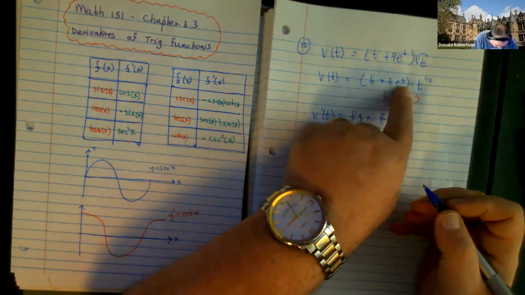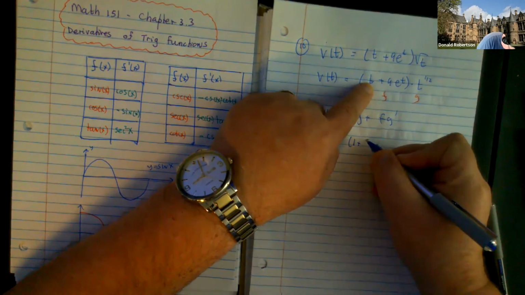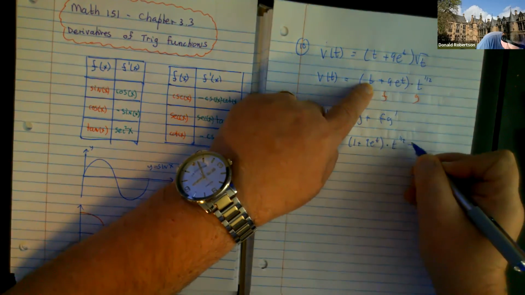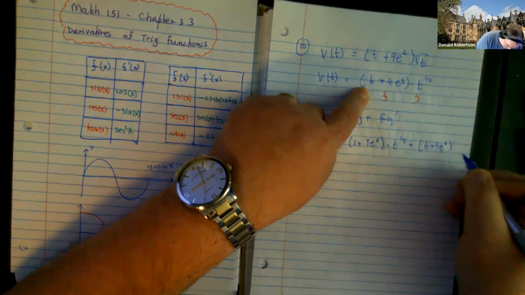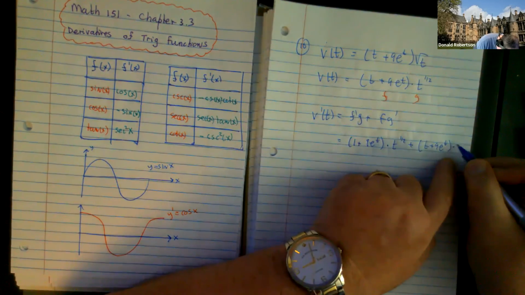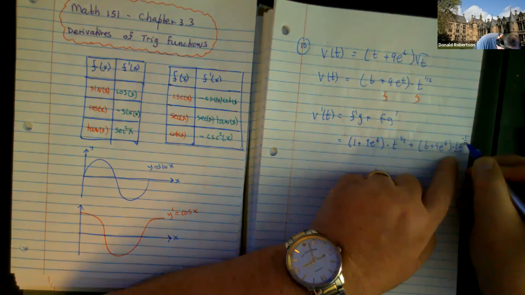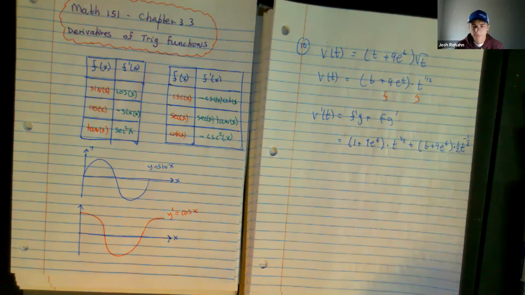Now, if you differentiate this guy, you'll get 1 plus 9e to the t. And then you leave the second one alone. Then you leave the first thing alone and you differentiate that guy, and you'll get 1/2 t to the negative 1/2. You comfortable with that? Yeah.